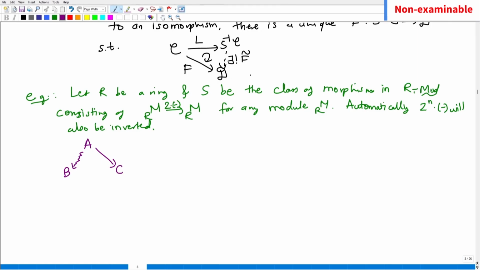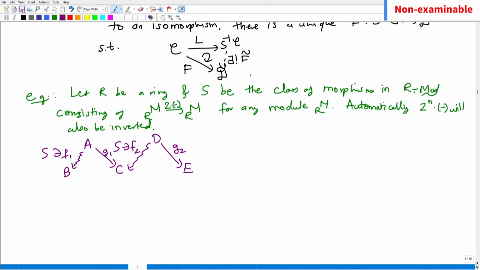Then this particular map A to B is invertible in the target. And I have one more such pair of morphisms. Then what will be the composition of such things? Let me call these F1 and G1, F2 and G2, and I already said that this wiggly arrow is in S.